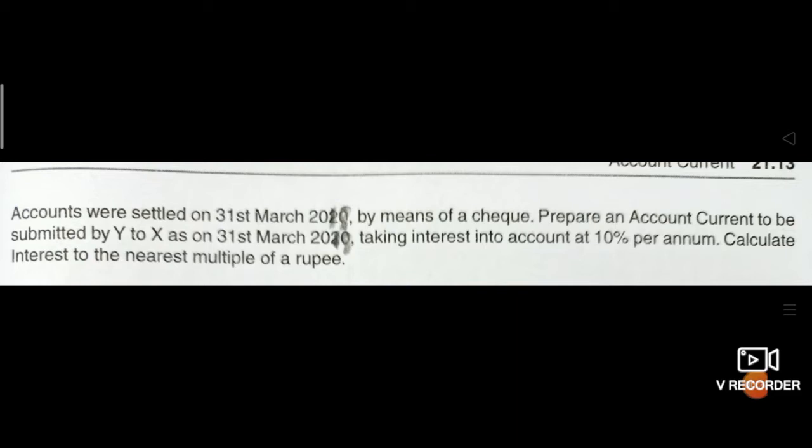X in account current with Y. Transactions started on 1st January with the balance and they will be up to 31st March. So the calculation will be from 1st January 2018 to 31st March 2018. Okay, let's start.